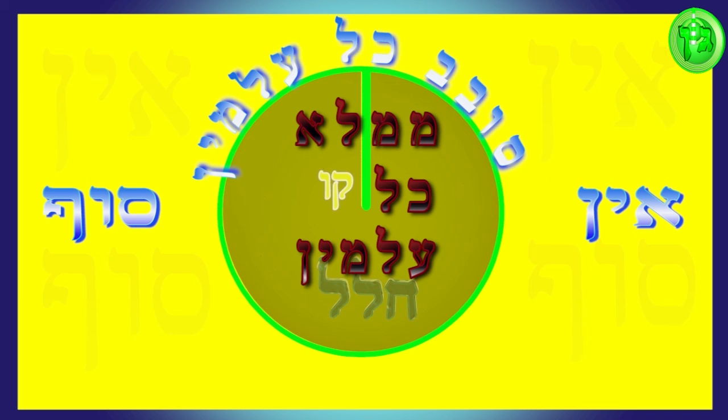However, based on what we just clarified together, we should be able to appreciate that when the Zohar referred to the Creator as being Sovev Kol Almin, i.e. surrounding all the worlds, it was actually referring to the Ein Sof himself that surrounds the Halal on the outside.